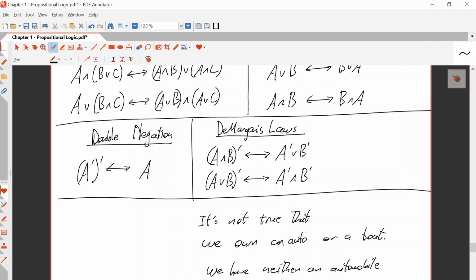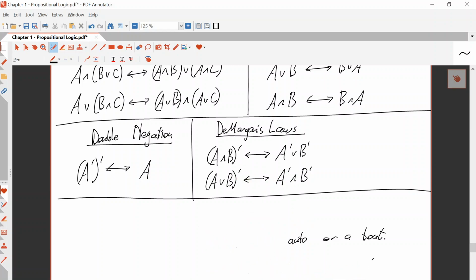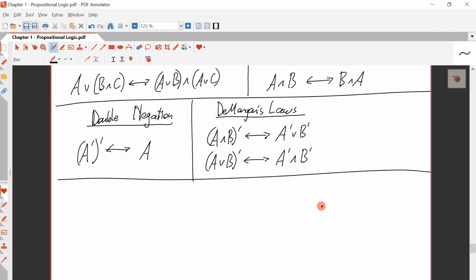And the way we say that slickly in English is we have neither an automobile nor a boat. That means not an automobile and not a boat. So that's De Morgan's laws, and this one is actually the neither-nor construction in English. De Morgan's laws, there's a few more.